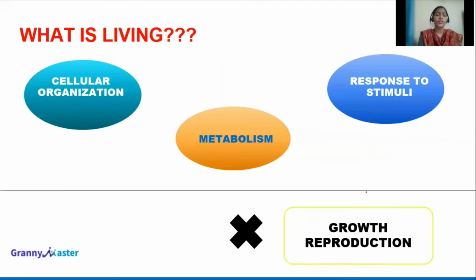So concluding this, considering all these characteristic features which determine the living or non-living factors, we know that the cellular organization, metabolism, and response to stimuli are the defining features of living organisms, whereas growth and reproduction, we cannot conclude them as defining features of living organisms, the reason being that growth can happen in both living as well as non-living things, and reproduction is a process which is actually not mandatory in a living organism, because there are sterile human beings, there are sterile animals which do not actually reproduce, but still they survive.